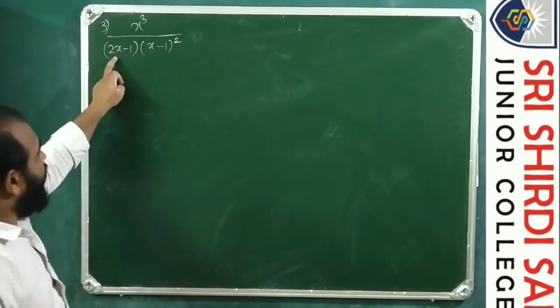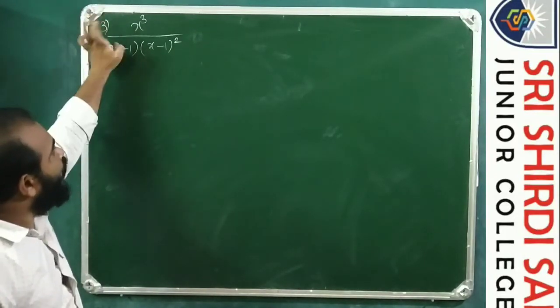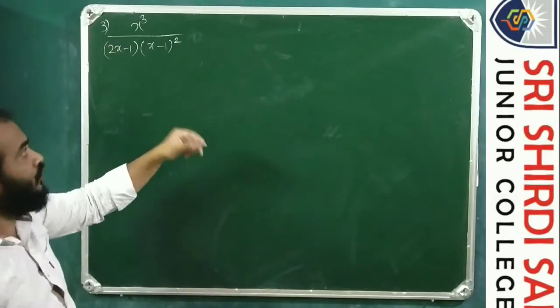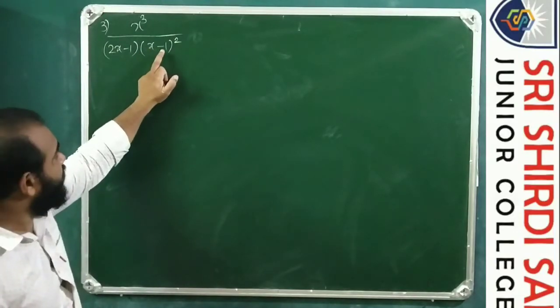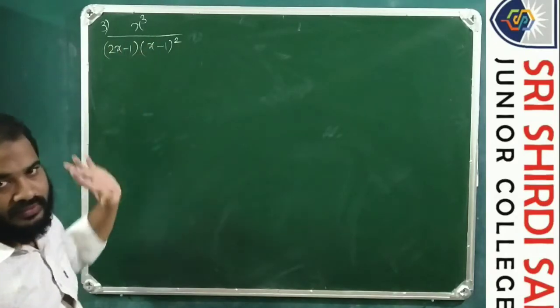Next, x cube by 2x minus 1 into x minus 1 whole square. Again this is an improper fraction, with the degree of f of x and g of x equal to 3. Here x cube, on expansion, x square into 2x gives 2x cube.